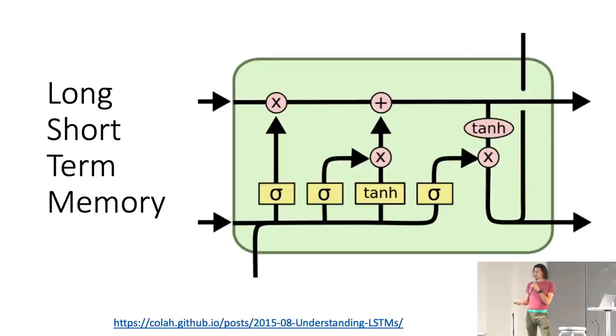So the LSTM cell looks like this. It actually has 2 hidden states, with the input coming along the bottom and the output up the top again. I'm not going to go into it in detail, and you should totally look at Christopher Olah's blog post if you want to dive into it. But the key point is that these transformations, the matrix multiplies, are not applied recursively on the main hidden vector.